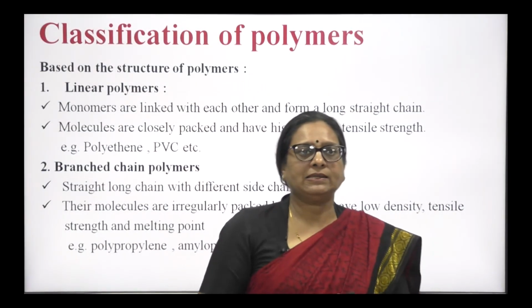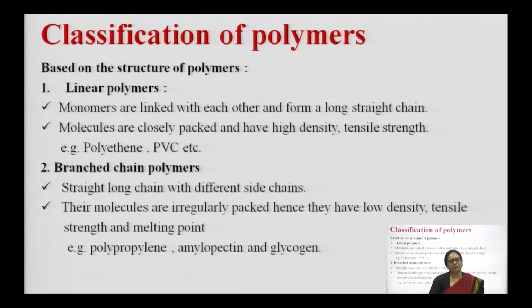The second type of classification of polymers is based on the structure of the polymer. Here, based on the structure, the polymers have been classified into linear polymers, branch chain polymers and cross-linked polymers. Linear polymers have monomer units which are linked with each other and they form straight chains.